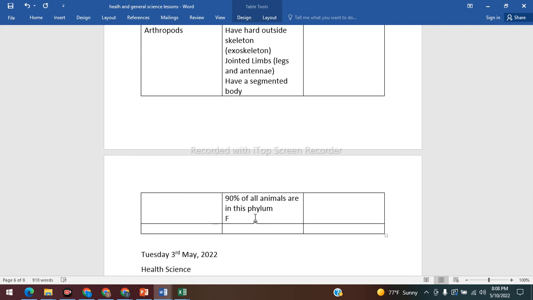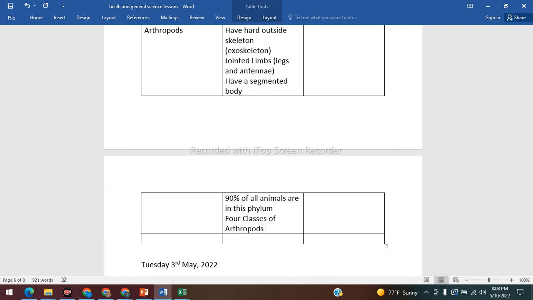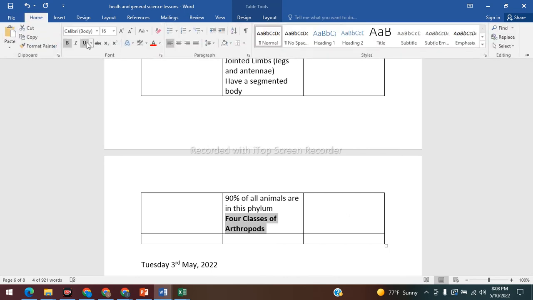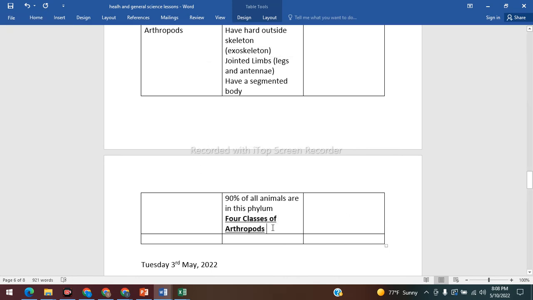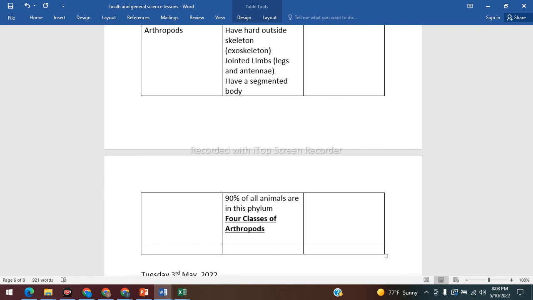All right. So let's talk about the 4 classes of arthropods. The first one we said everyone should be familiar with. Crustaceans. Let's deal with the insects first.